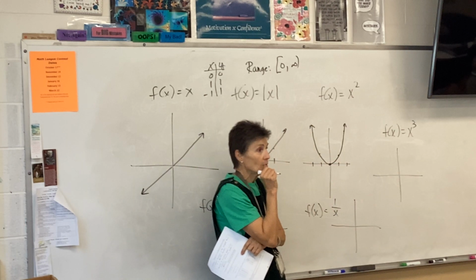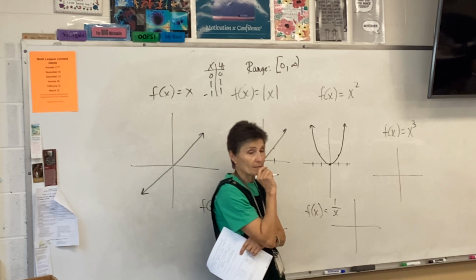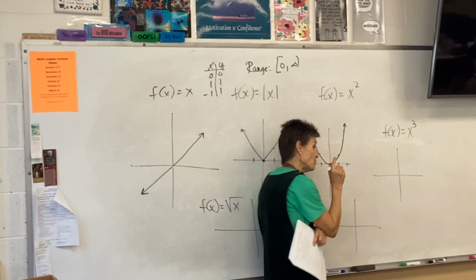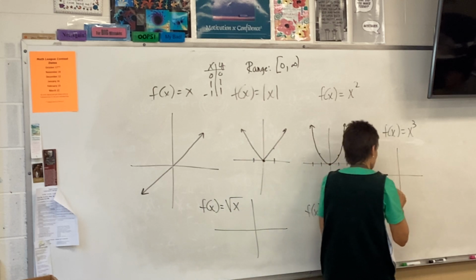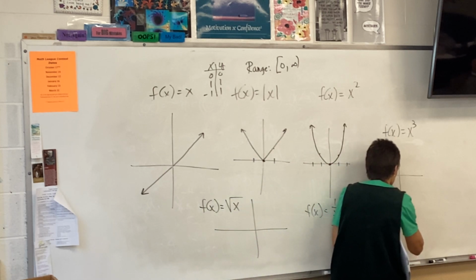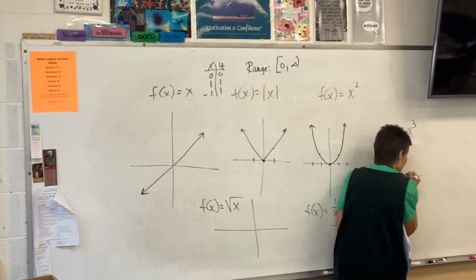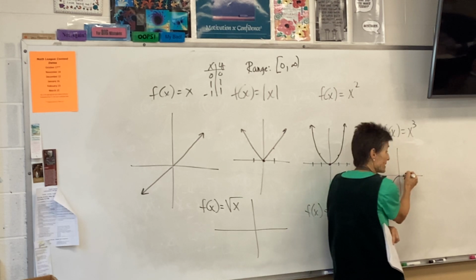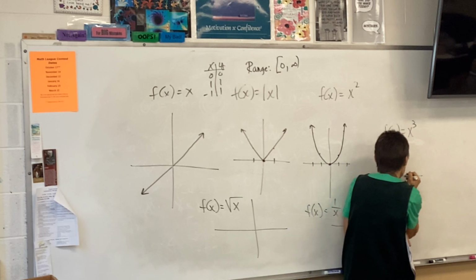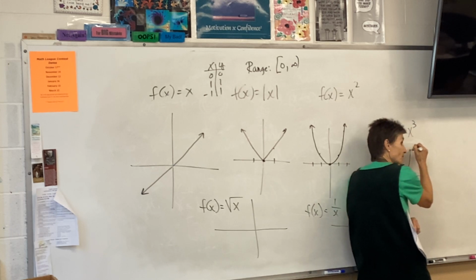Anybody know what the cubing function looks like? It's a squiggle, but when you squiggle it carefully, it squiggles up like this. It's concave down till it gets to the origin, and then it becomes concave up.